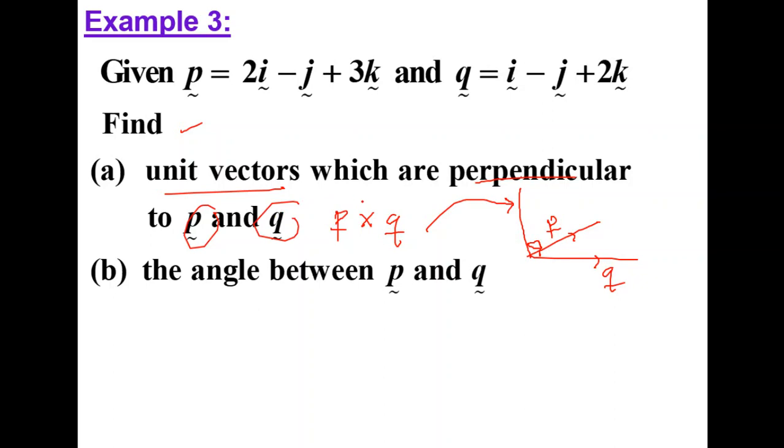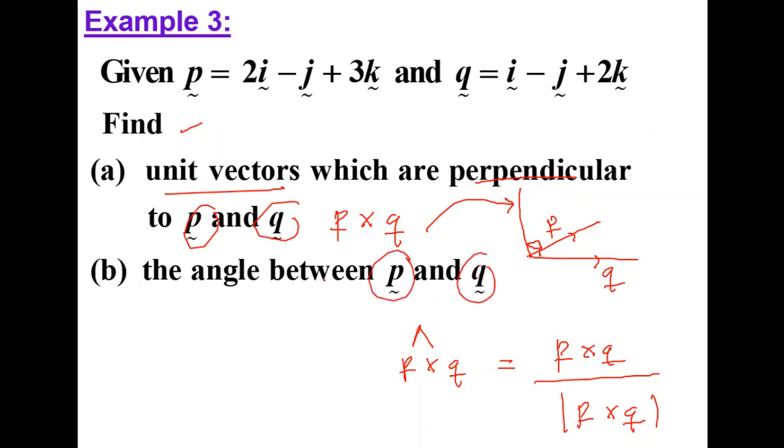To get a unit vector, find this one first, then find the modulus of vector P cross vector Q. The unit vector is vector P cross vector Q over modulus of vector P cross vector Q. And let theta be the angle between P and Q. Actually, you have two formulas.